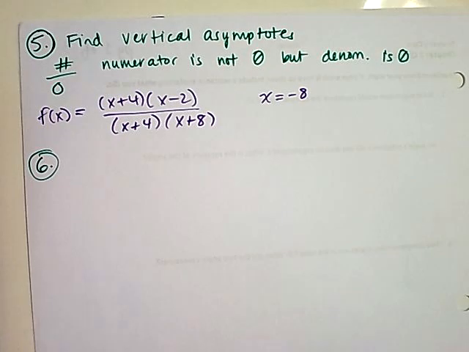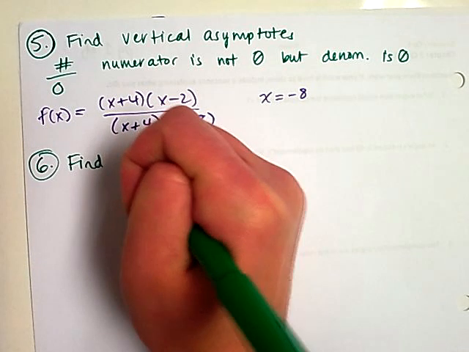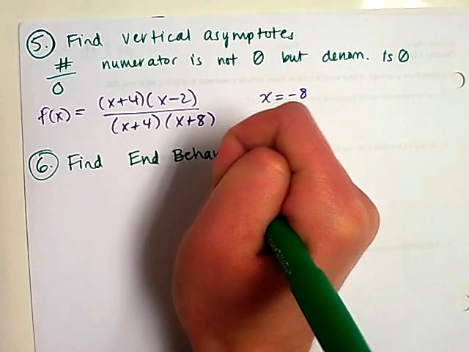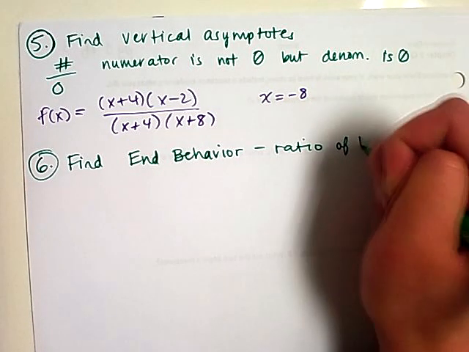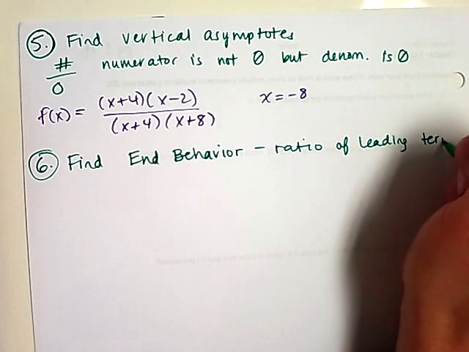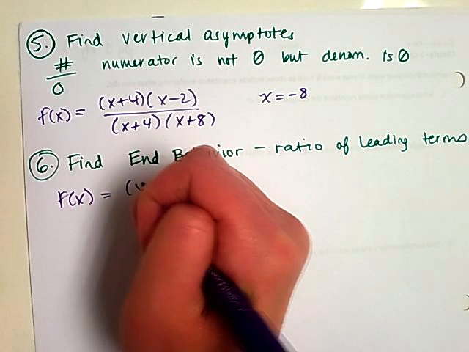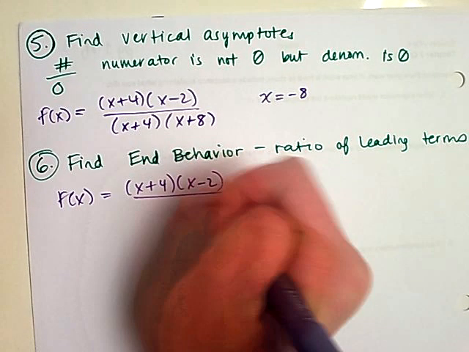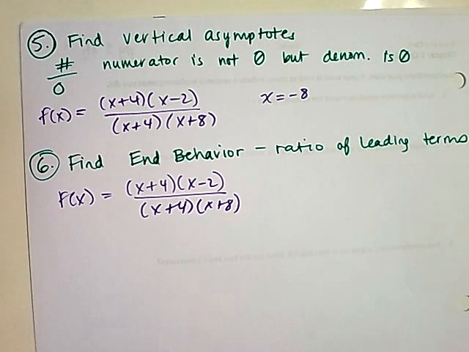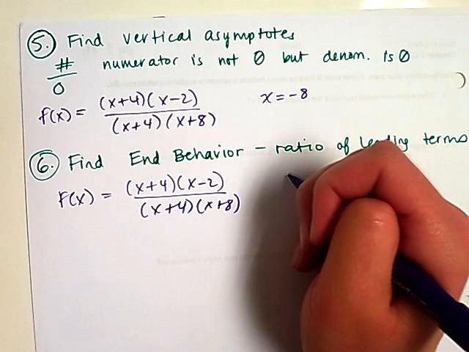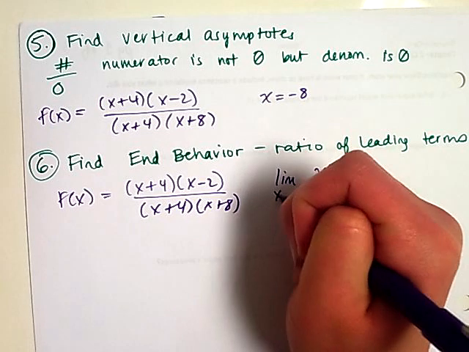So my next step is going to be to do the end behavior. This is looking at the ratio of the leading terms. In our case, for our f of x as (x plus 4)(x minus 2) over (x plus 8), I just need to think about if this was multiplied back through, now I have x squared over x squared as my ratio of leading terms, and I can think about the limit as x goes to infinity of this.